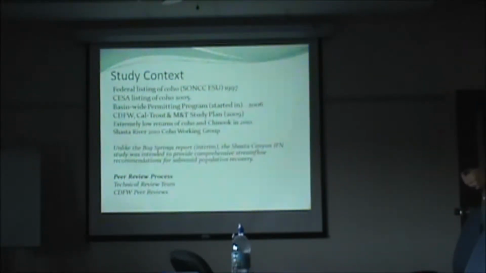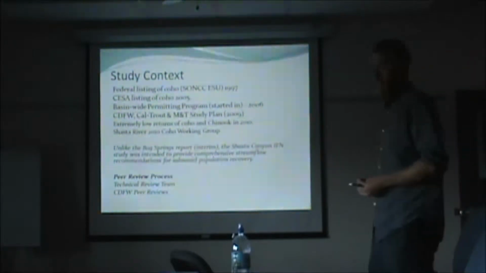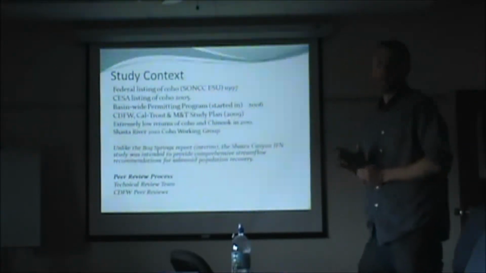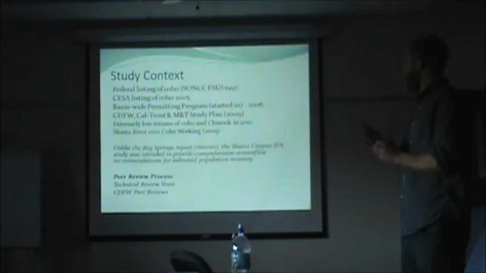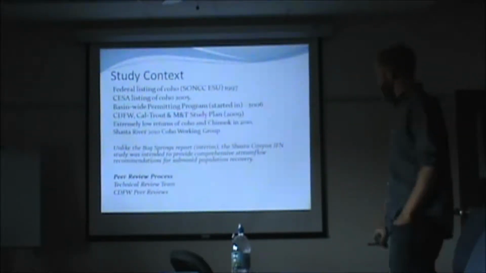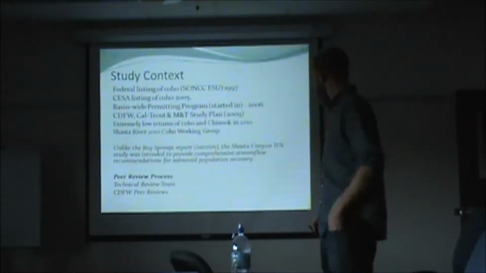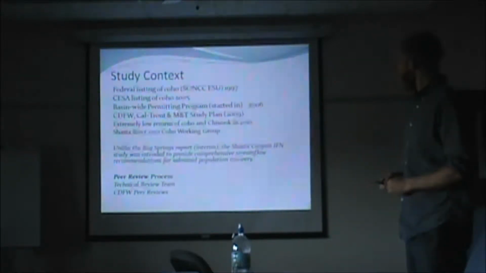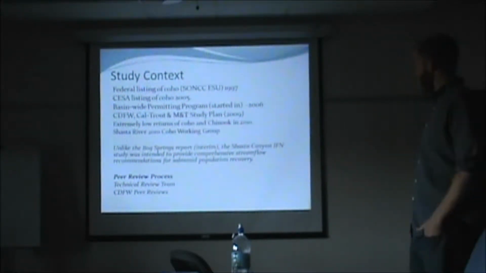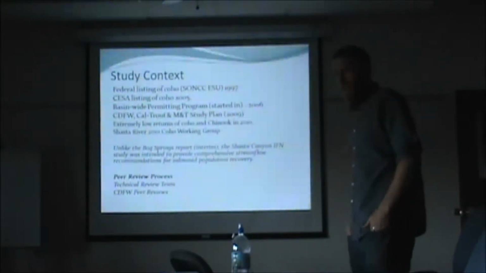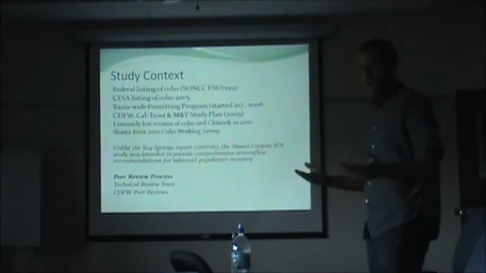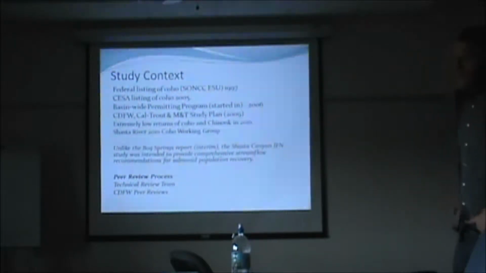In the Shasta area, the Department of Fish and Wildlife started being concerned and looking into instream flows in 2006. And there was, I'm sure you all remember, the basin-wide permitting program that did not ever really realize its goals, I think. And we got involved right after that time, developing some study methods for how you would go about quantifying instream flow needs in this river.